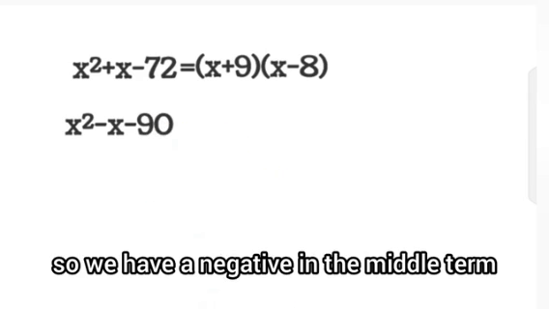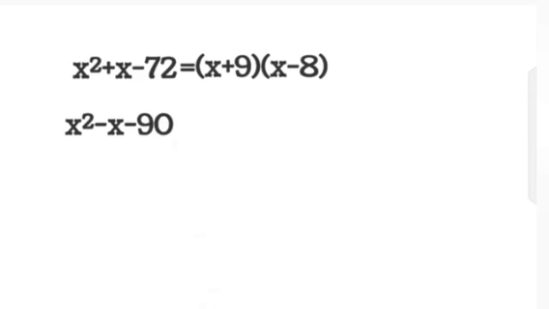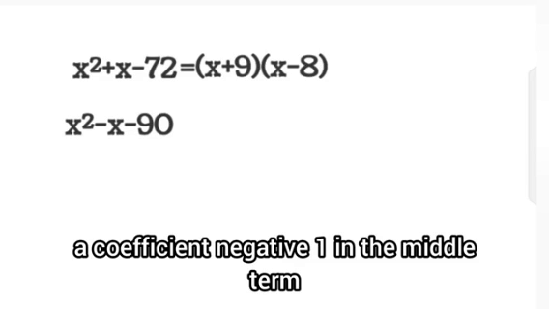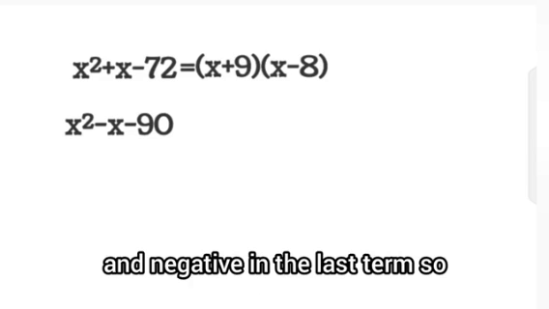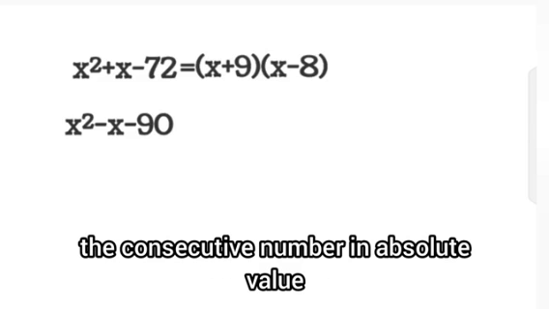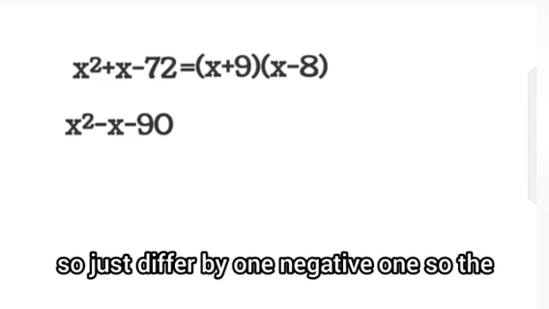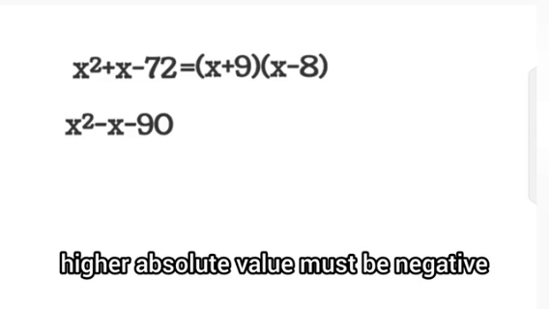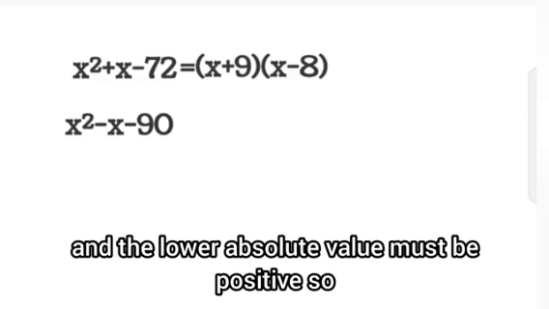Another example is x squared minus x minus 90. So we have a negative in the middle term, a coefficient negative 1 in the middle term, and negative in the last term. So these must be consecutive numbers in absolute value. So they just differ by 1, negative 1. So the higher absolute value must be negative, and the lower absolute value must be positive.